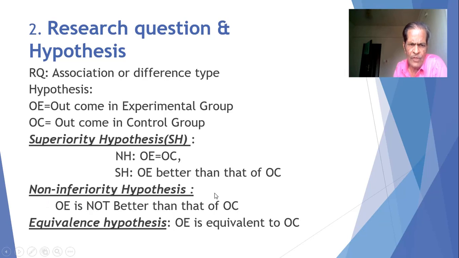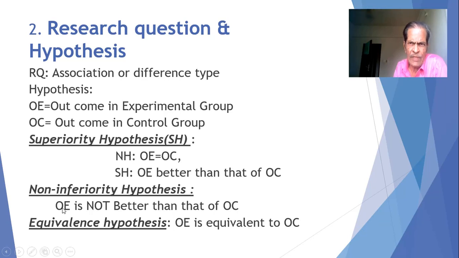In non-inferiority hypothesis, the statement is that the outcome in the experimental group is not better than the outcome in the control group, but it is not inferior also. So if the outcome in the experimental group is the cure rate, then the non-inferiority hypothesis states that it is not less than the outcome in the control group.